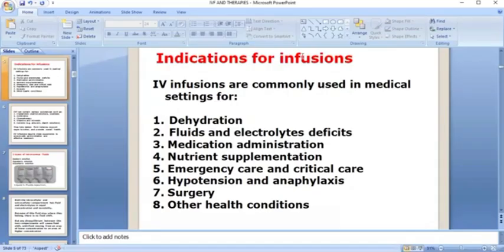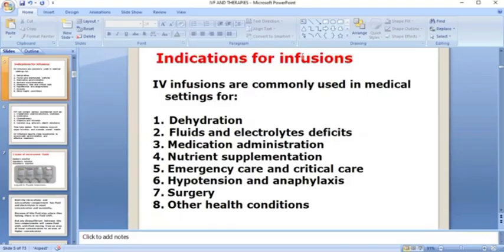Indications. Why do we use intravenous fluids, infusions, in the healthcare facility? What are the conditions of a client that warrant us to prescribe intravenous fluid? Fluid and electrolyte deficits, medication administration, and nutrient supplementation when the client needs additional nutrients, because what the client is taking orally is not enough.